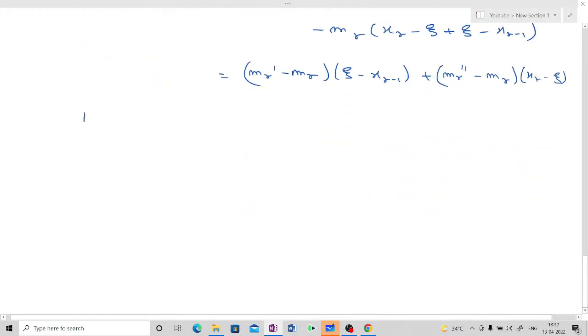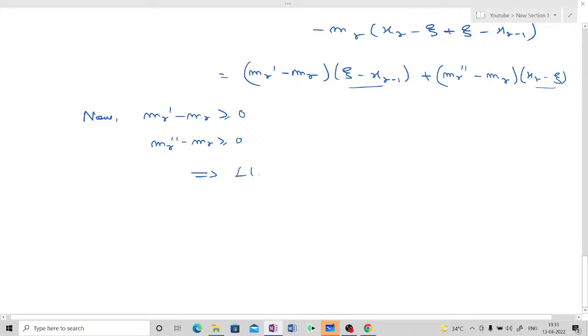Now mr double prime minus mr is greater than or equal to 0, right? Because mr prime is greater than or equal to mr. Clear? And the same goes for the other one too. So this implies, and these are the lengths of the subintervals, so these are also positive.